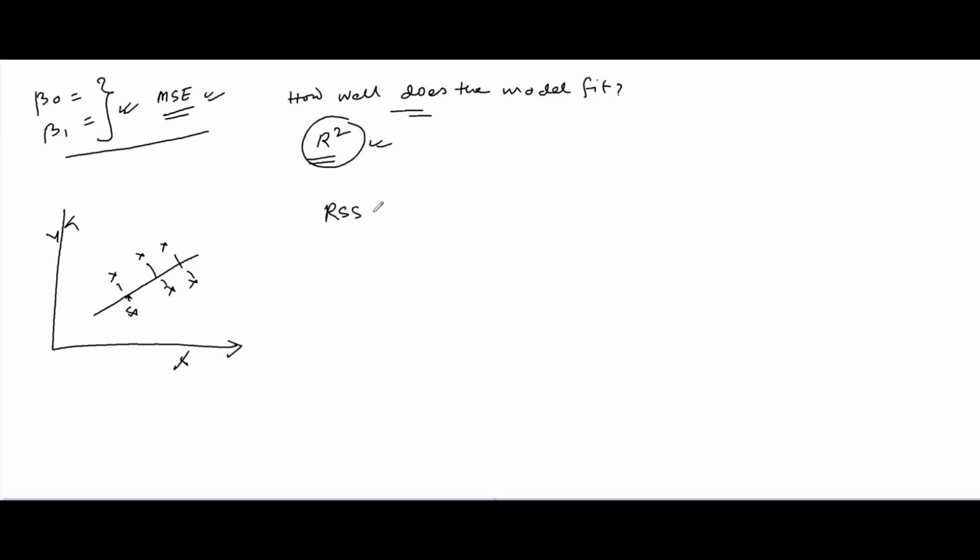RSS is the residual sum of squares, and it is calculated as the sum for i equal to 1 to n of (y original value minus y hat) squared.